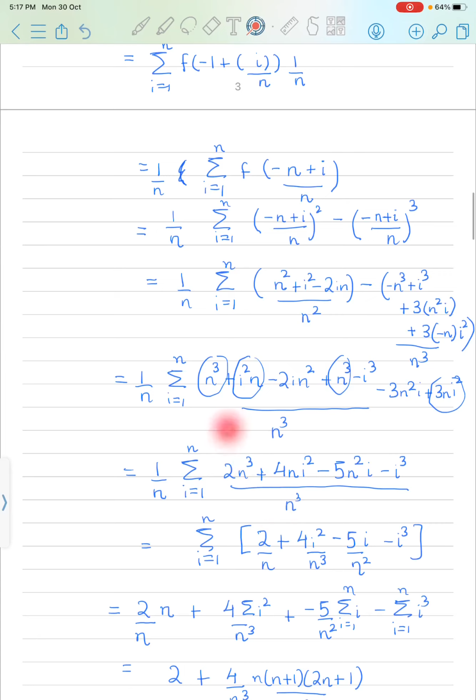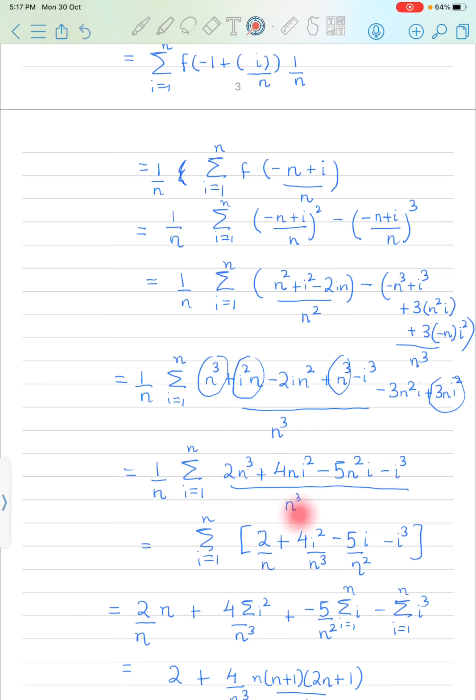So now n cubed and n cubed will become 2n cubed, i squared n, and here 3n i squared. This will become 4n i squared minus 2i n squared and minus 3n squared i. This will become 5n squared i, and the last remaining term is minus i cubed.